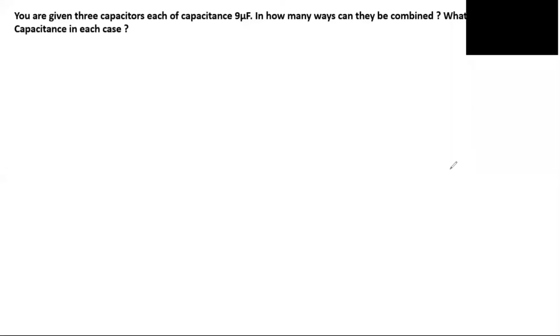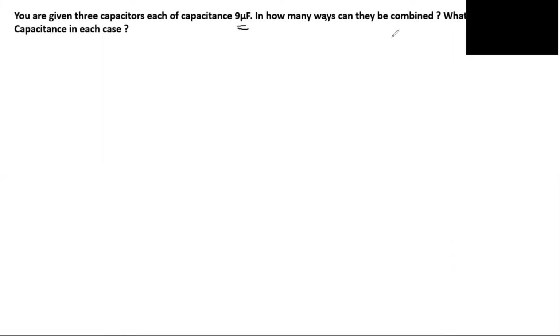Alright, so till now we have discussed a few types of questions on capacitors, and how to find the equivalent capacitances. Now we will start solving various questions which have been asked in various exams. Right? So here, if you see this question, there are three capacitors, and each one has a capacitance of 9 microfarad.